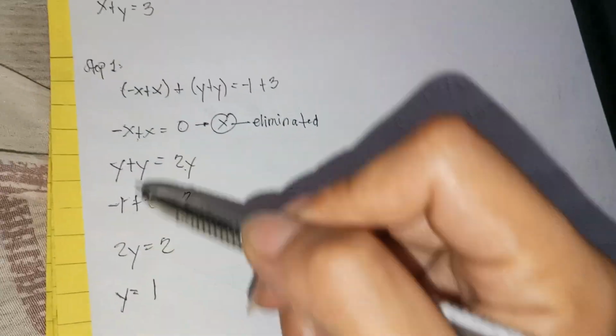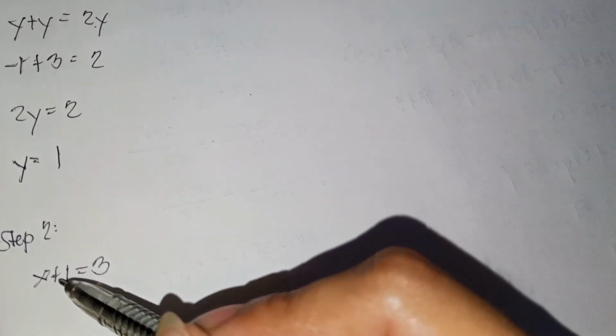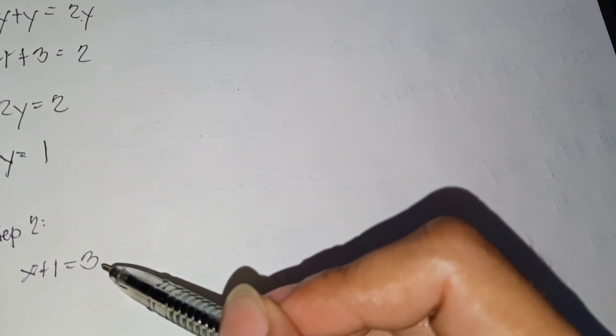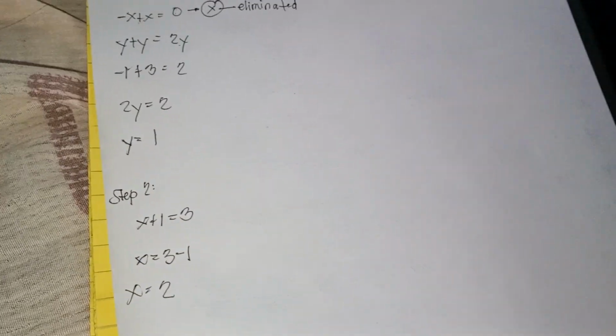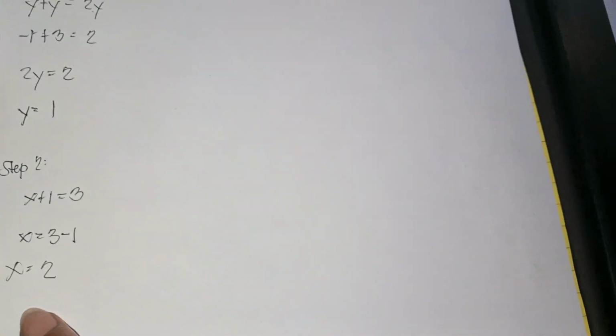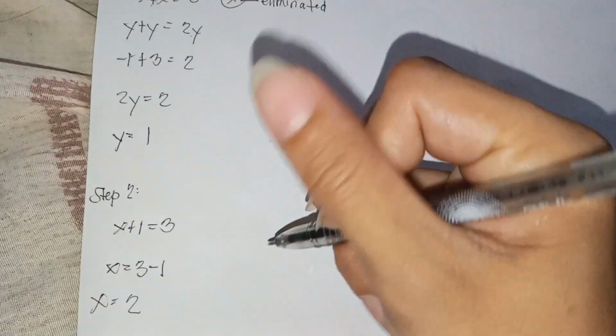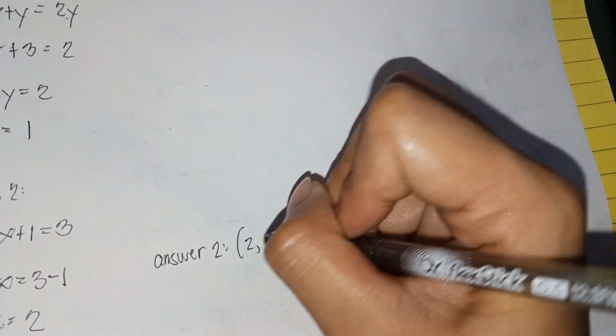Since our y is 1, we're going to write here 1. We're going to subtract 1 from both sides. x equals 3 minus 1. So our x is 2. So that is our final answer. So our answer in number 2 is 2 and 1.